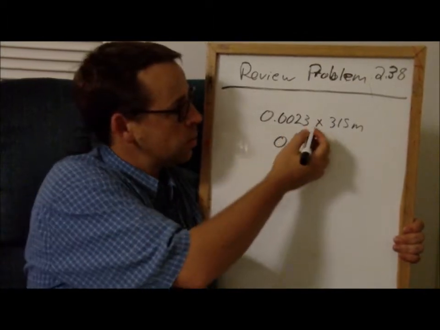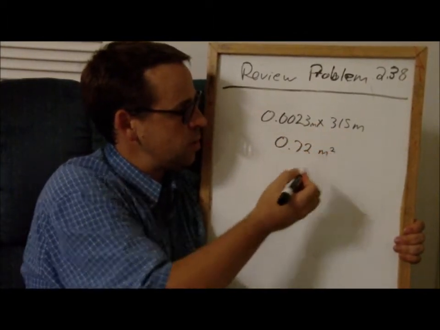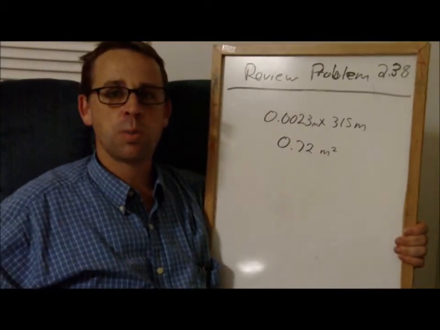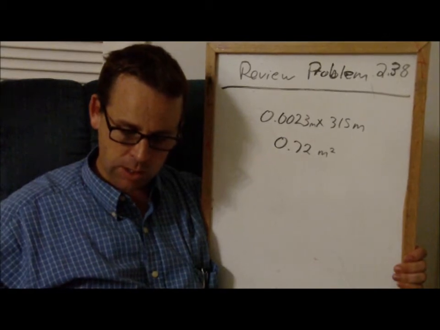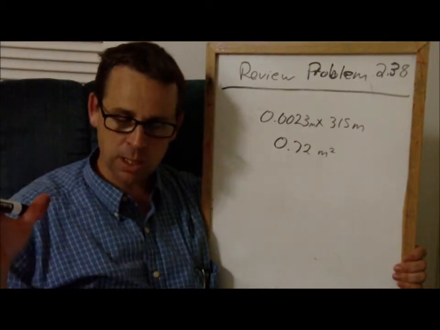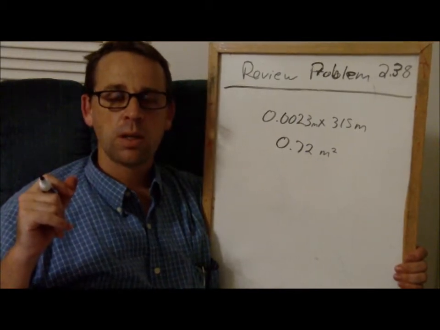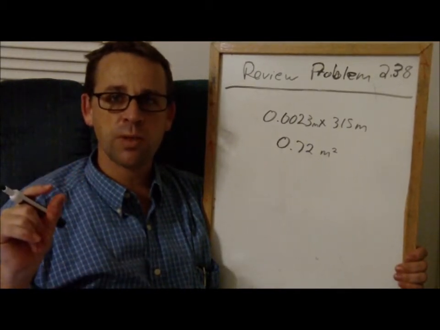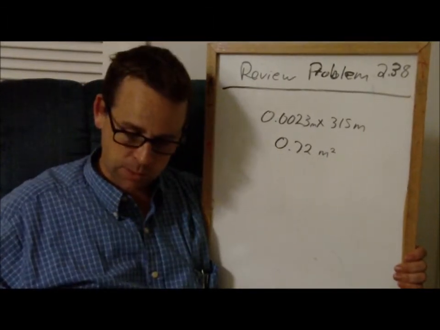The units were meters and meters, so multiplying them gives meters squared. So it's 0.72 meters squared, with 2 significant digits. When you're multiplying or dividing two values, the one with the fewest significant figures limits the answer's significant figures.